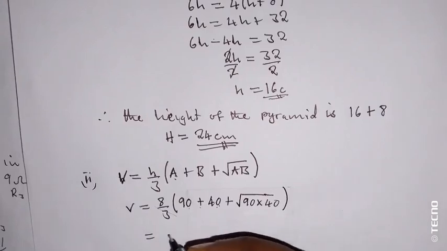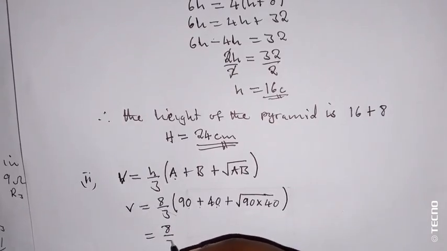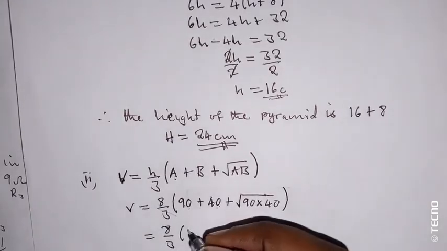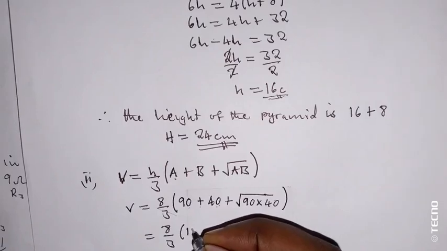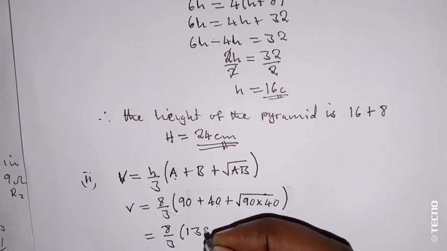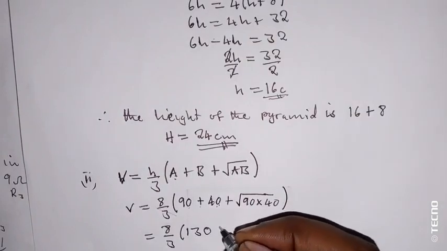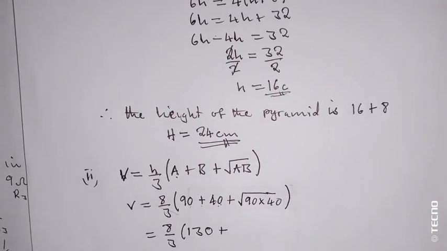What are we going to have here? 8 over 3, open bracket, here we have 130, plus the square root of this.